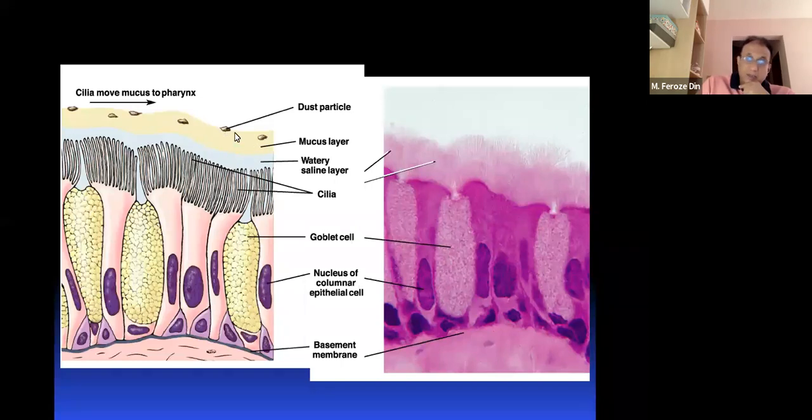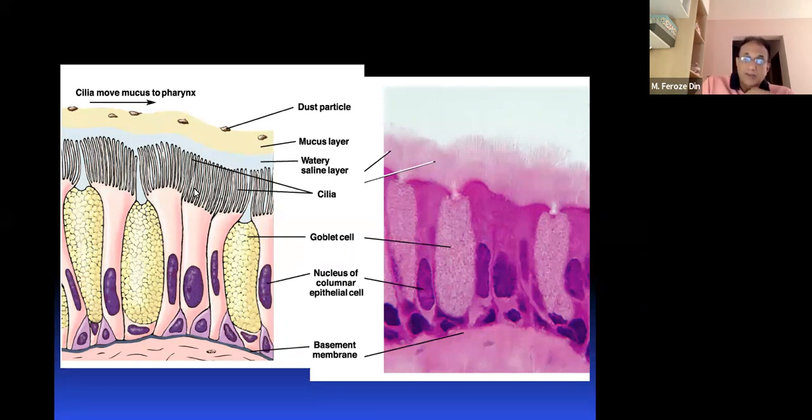It also helps to trap dust. And these cilia, which are like hair-like projections of the cells, beat in a sweeping motion to move the mucus towards the pharynx.